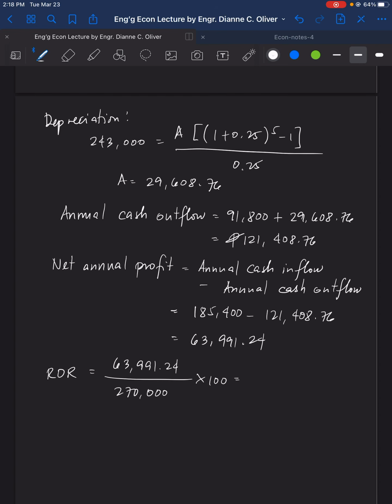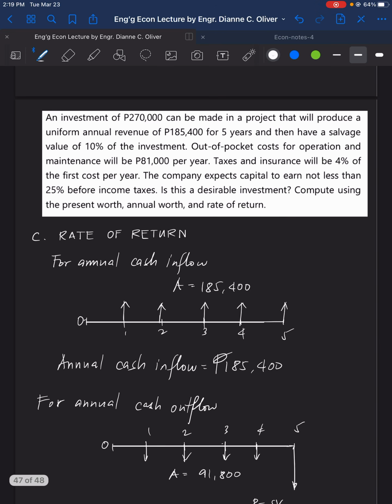And that is equal to 23.7%. Now, this is less than the expected 25%, since it says there the company expects capital to earn not less than 25% before income taxes.